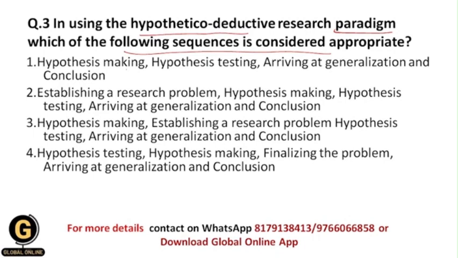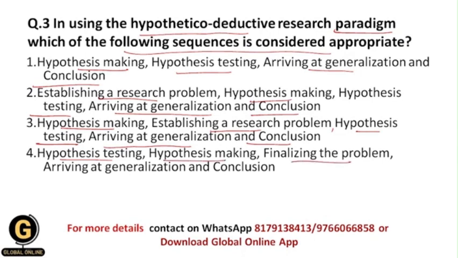First is hypothesis making, hypothesis testing, arriving at generalization and conclusion, establishing a research problem. Second, hypothesis making, hypothesis testing, arriving at generalization and conclusion. Third, hypothesis making, establishing a research problem, then hypothesis testing, then arriving at generalization and conclusion. Fourth, hypothesis testing, hypothesis making, finalizing the problem, arriving at generalization and conclusion.